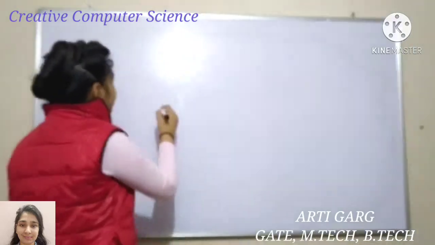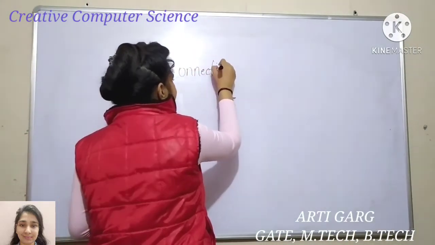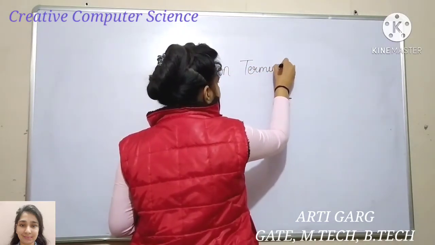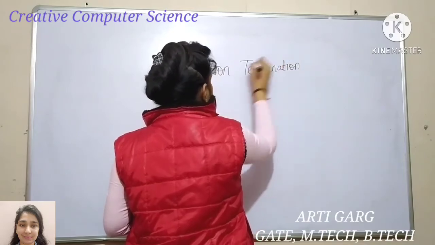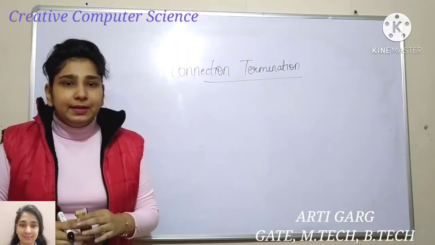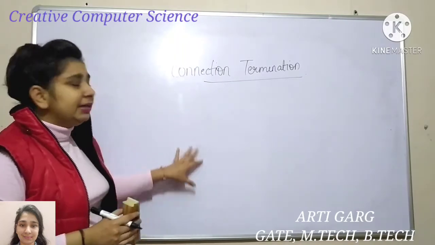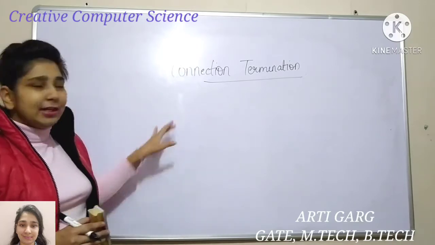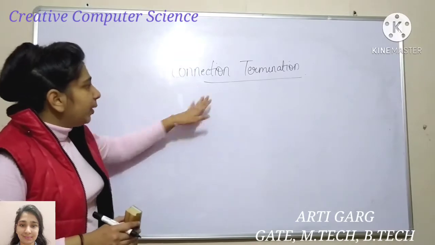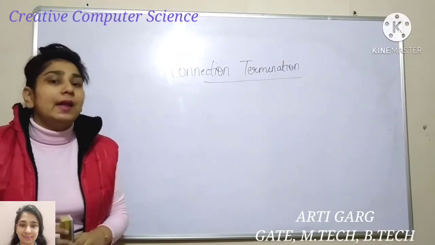The third phase we have is connection termination. After the connection establishment is complete, we transfer the data from sender to receiver and from receiver to sender. Now we want to disconnect, to terminate the connection.